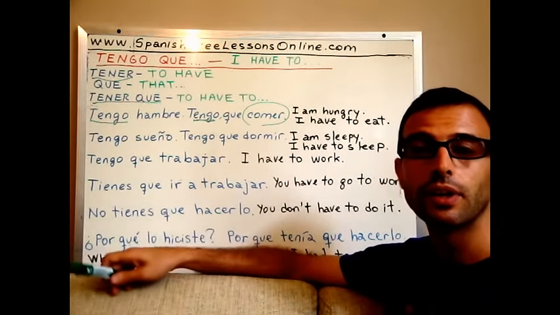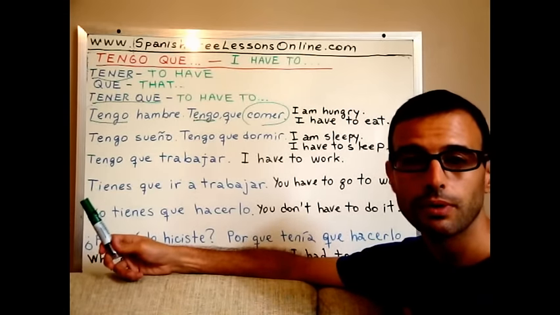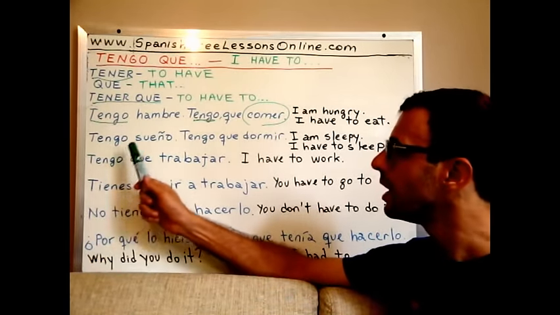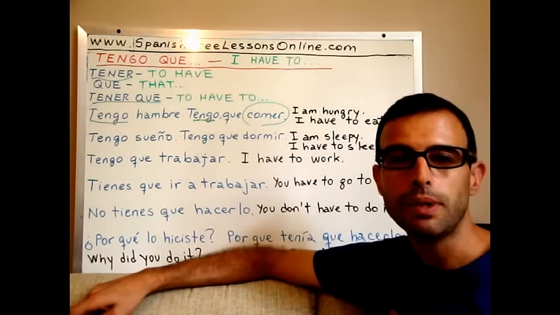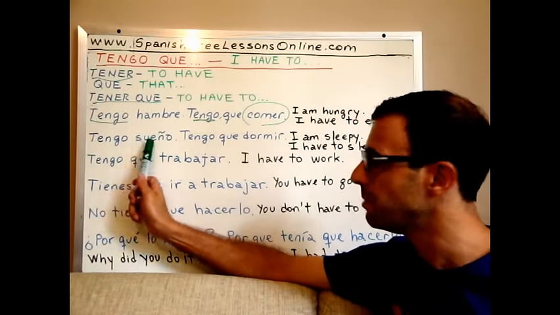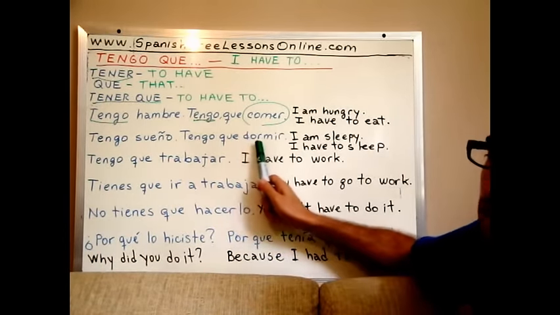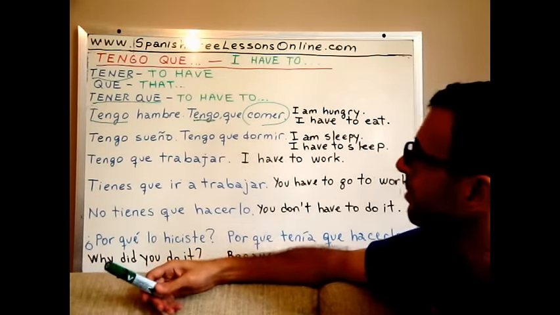Sueño also has another meaning. Sueño also means dream, right? A dream or dreams, right? But sueño in this case means sleepiness. I have sleepiness or I am sleepy. Tengo que dormir. I have to sleep, right?